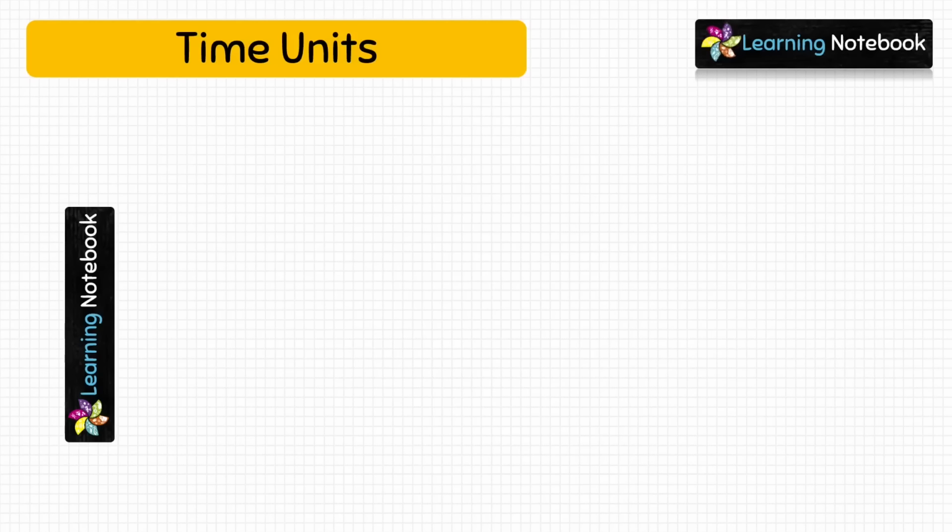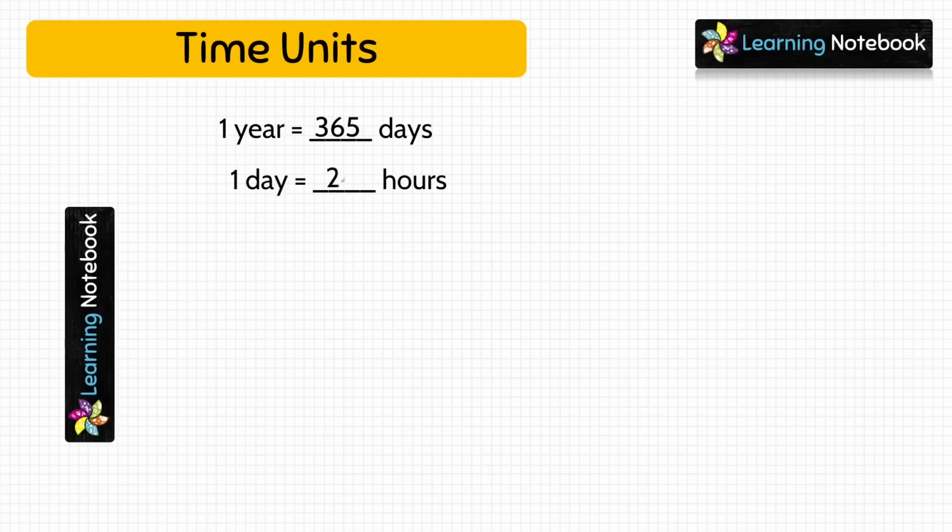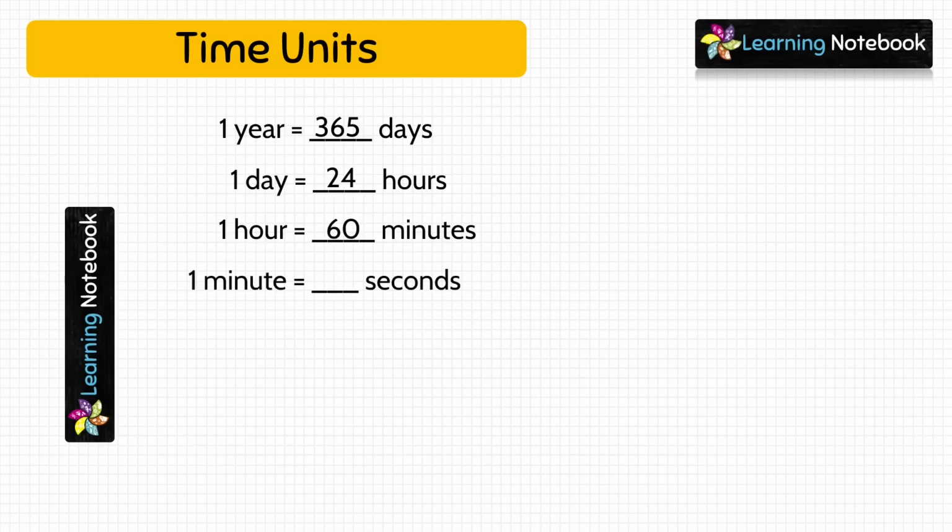Students, before the conversion, we need to know some time units. Like 1 year equals to 365 days. 1 day equals to 24 hours. 1 hour equals to 60 minutes. 1 minute equals to 60 seconds.